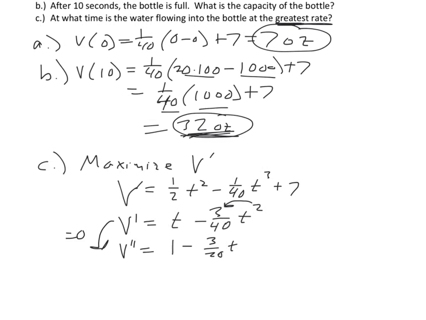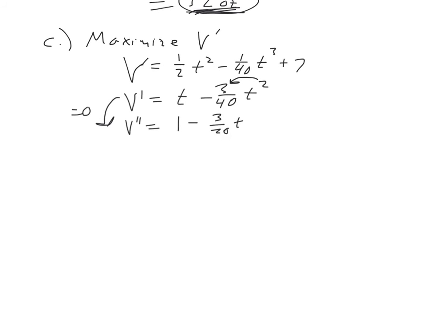And remember, in order to optimize this thing, I'm going to want to set this equal to 0 or look at when it's undefined. It's not ever going to be undefined. So I'm just going to have 0 equals 1 minus 3/20ths t. Working on solving this, I can move this over. 3/20ths t equals 1. So it looks like one of the time candidates is 20/3.